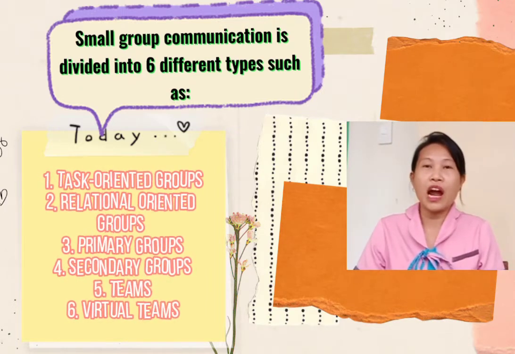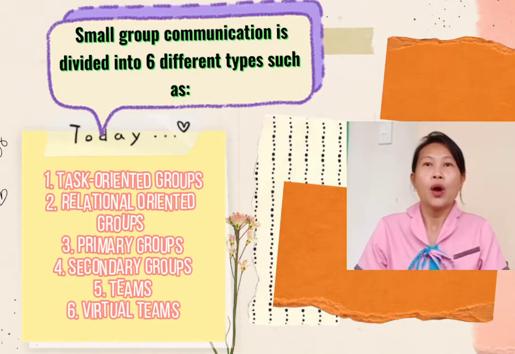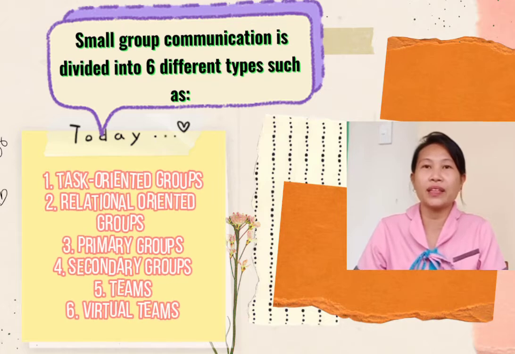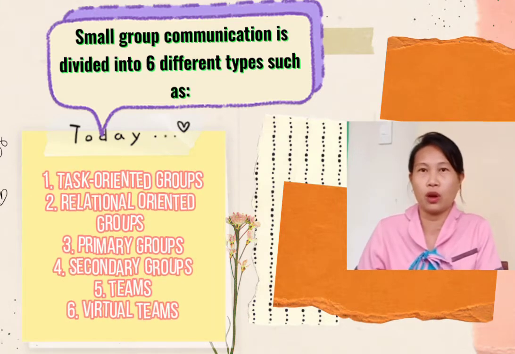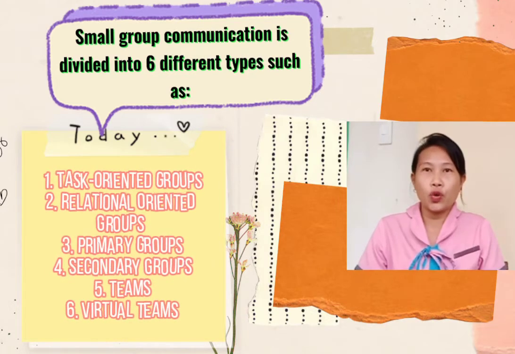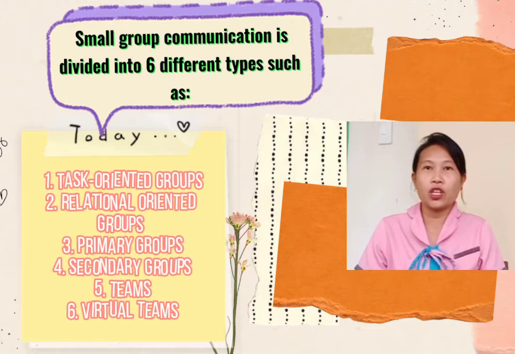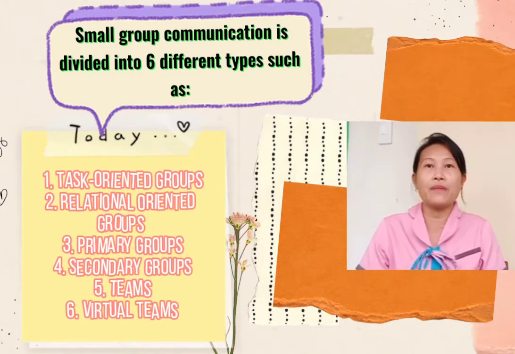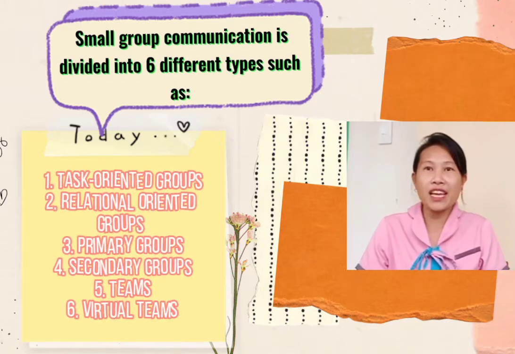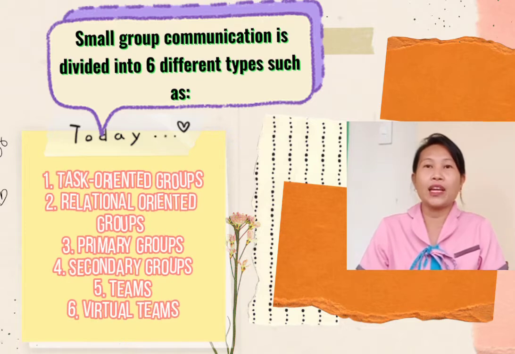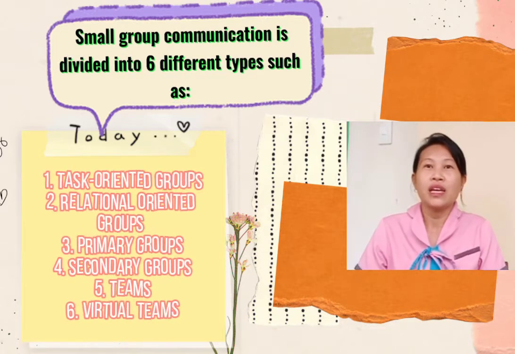Task-oriented groups are formed to solve a problem, promote a cause, or generate ideas or information. In such groups, like a study group, interactions and decisions are primarily evaluated based on the quality of the final product or output.